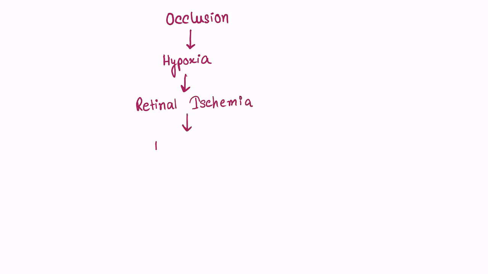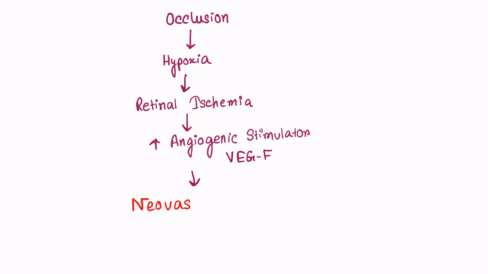Now, due to the leakage and thickening, the capillaries are occluded, which results in hypoxia, which causes retinal ischemia, which stimulates the angiogenic stimulators like vascular endothelial growth factor or VEGF, and which ultimately results in neovascularization, which is the hallmark of diabetic retinopathy.